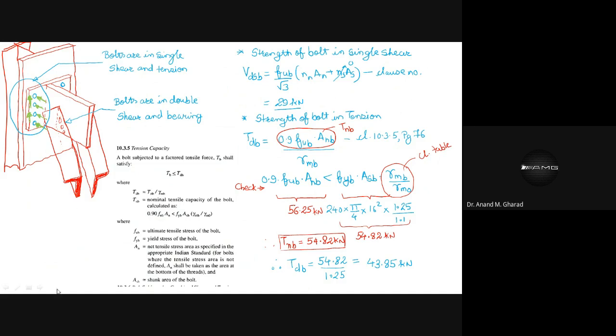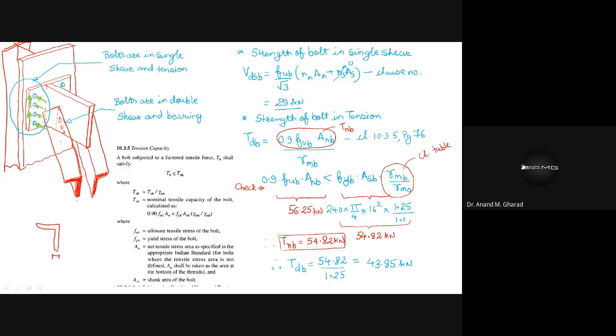Whenever we say that the angle section is so much thick, that is represented by the thickness of the angle section. That means this dimension is the thickness of the angle section.